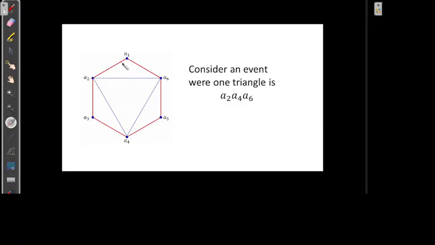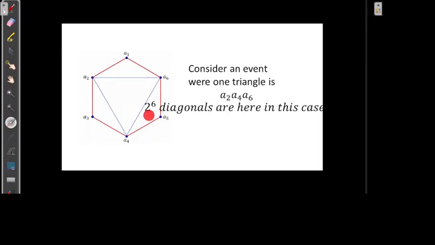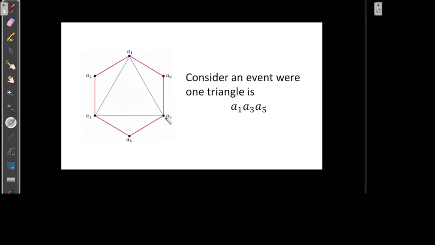That means 2 into 2 into 2, up to 6 times, which gives us 2 power 6 as the total number of possibilities. Similarly, if we consider A1, A3, A5 as a blue triangle, E2, the total number of ways to color the remaining 6 diagonals is 2 power 6.